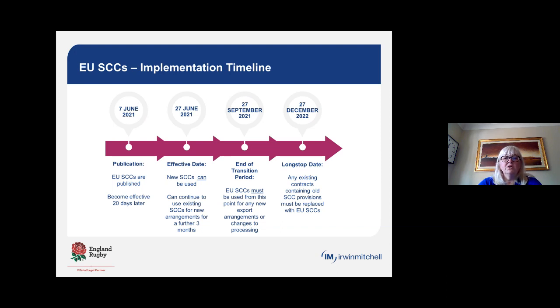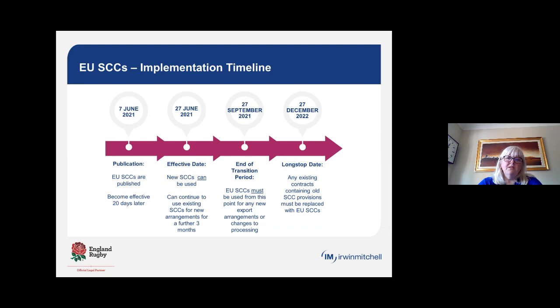So we're now past the date on which you can choose to use them. You don't have to use them, however, and you can continue to use the old versions of the standard contractual clauses until the 27th of September 2021, because that's a transition period. So even for new arrangements, you can use the old SCCs if you want to until the 27th of September.